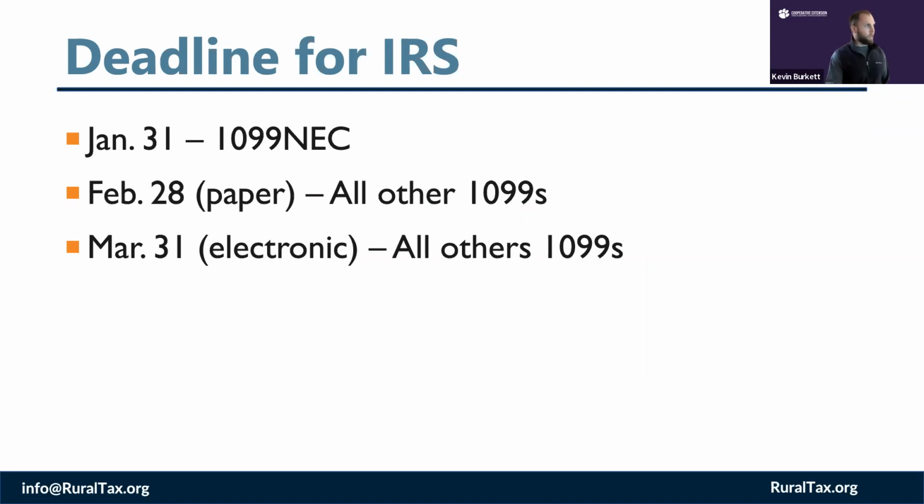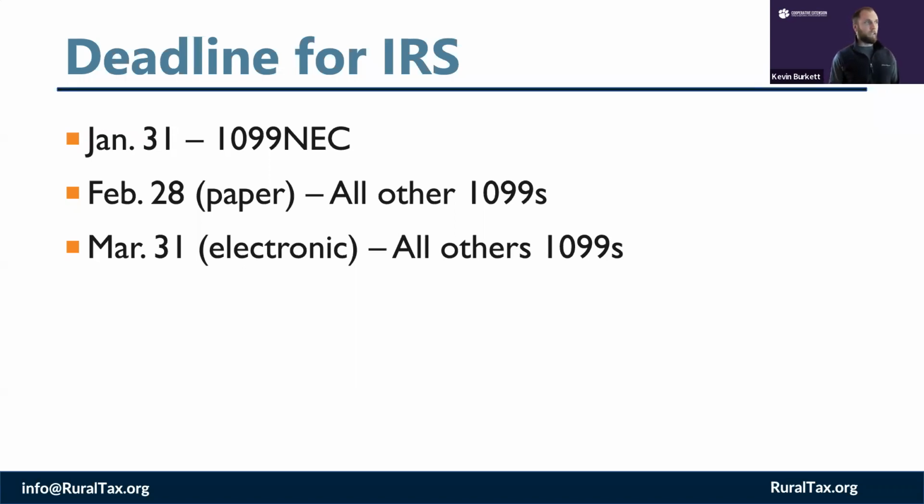So a couple things to note here. The 1099 NEC, we just kind of went through that form a little bit, the newer form. It's required to be filed by the end of January, so January 31st. If we're filing by paper, all other 1099s would be issued by February 28th, so the end of February.